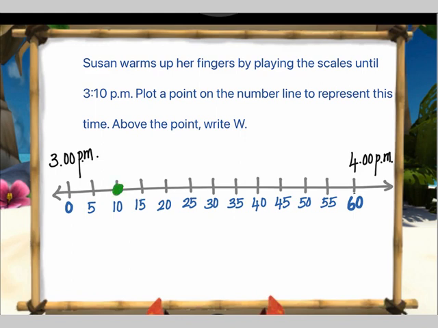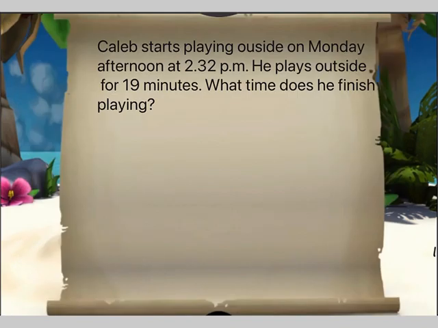We have to mark 3:10 as W. So what we did here is we found 3:10 p.m. and then we have labeled it W to represent Susan's warm-up time. Let us move on to the next question.